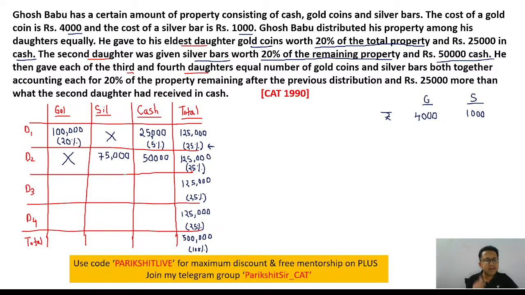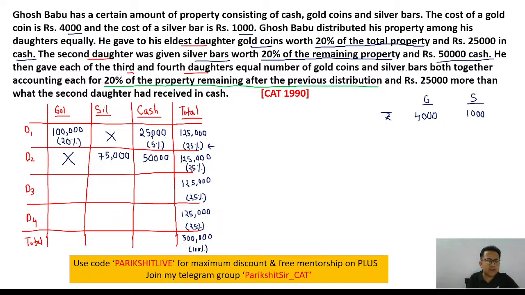Third one. He then gave each of the third and fourth daughters equal number of gold coins and silver bars, both together accounting each for 20% of the property remaining after the previous distribution. So what has happened? Daughter 3, let's read the line carefully. He then gave each of the third and fourth daughters, okay? How much did he give?